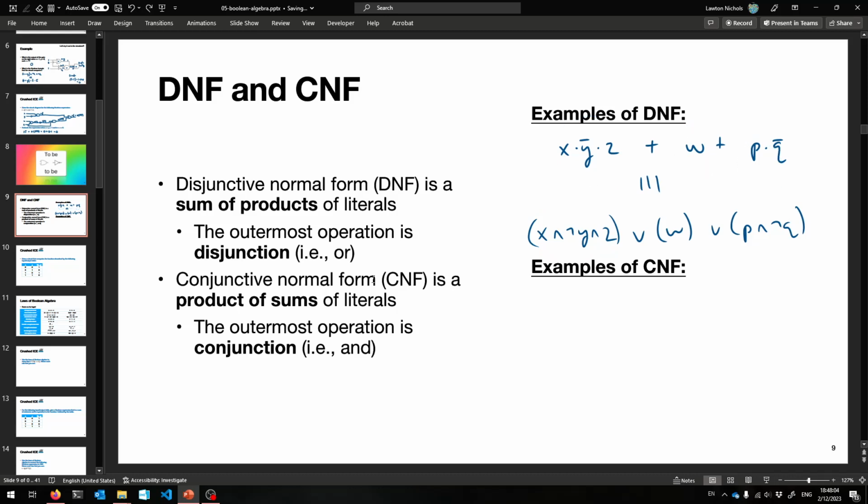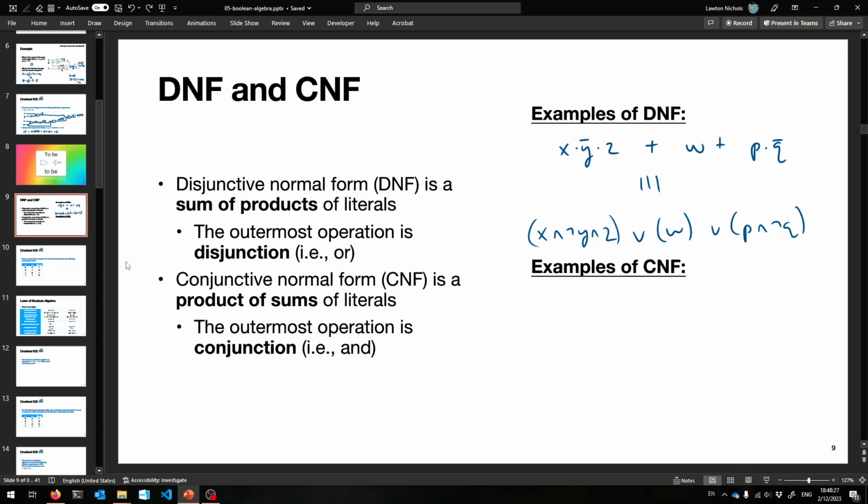That's how you can remember DNF. And then CNF is kind of the opposite. It's called conjunctive normal form, and it's a product of sums instead of a sum of products. The outermost operation is AND, and that is called conjunction, just like OR is called disjunction in the fancy logical math places.